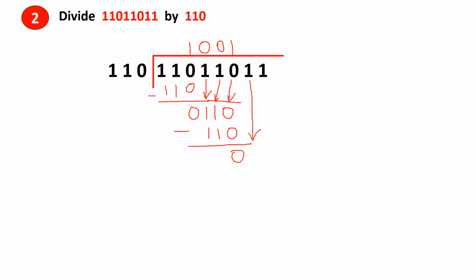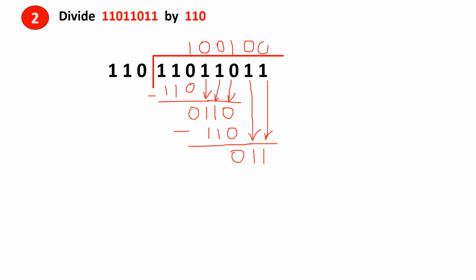When you again compare the divisor and this number, the divisor is greater, so put a 0 here. Again bring this number down. So 1. Again compare the divisor 110 with 11. So the divisor is greater, so put a 0.